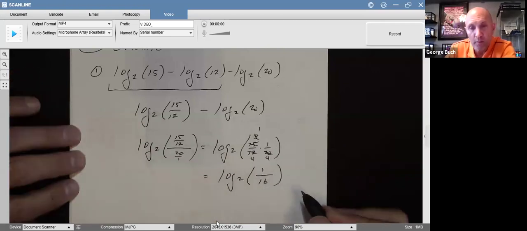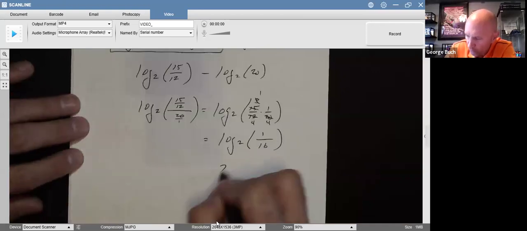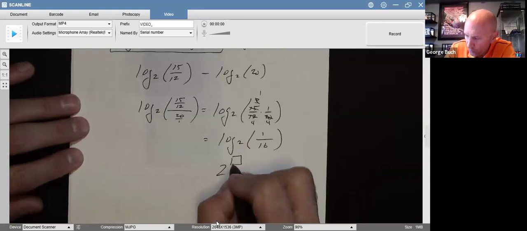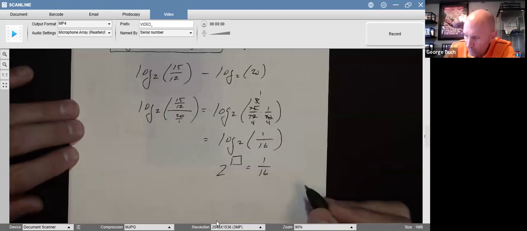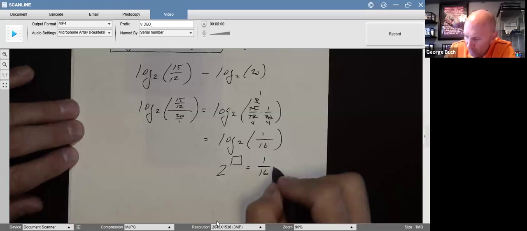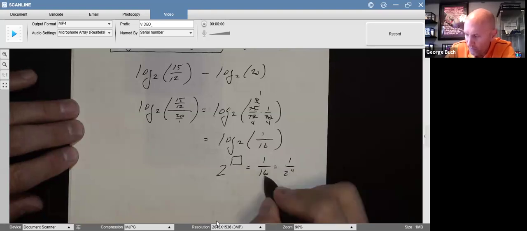So this means what by our basic log property? 2 to what power is equal to 1 over 16? Well, this is the same as what? 1 over 2 to the 4th power, right? 2 to the 4th power is 16.